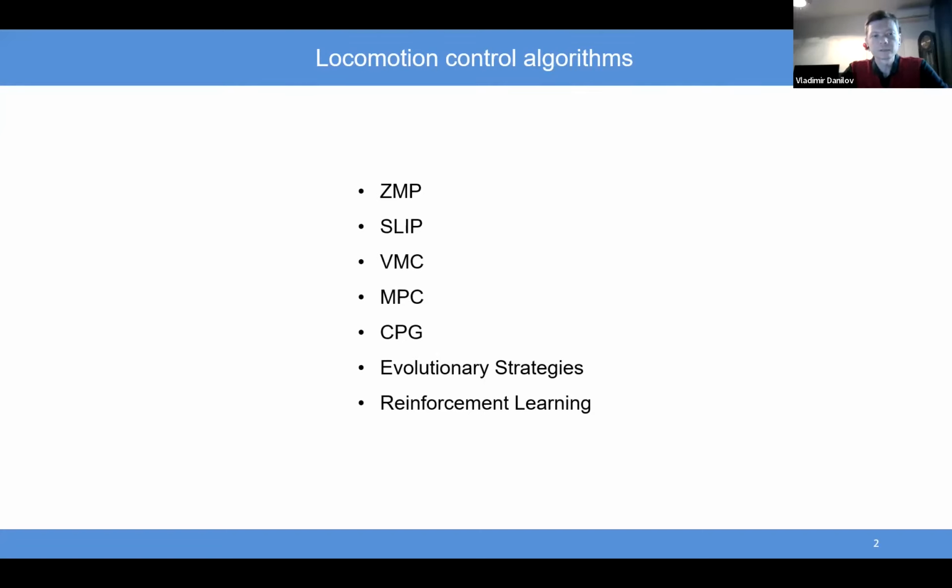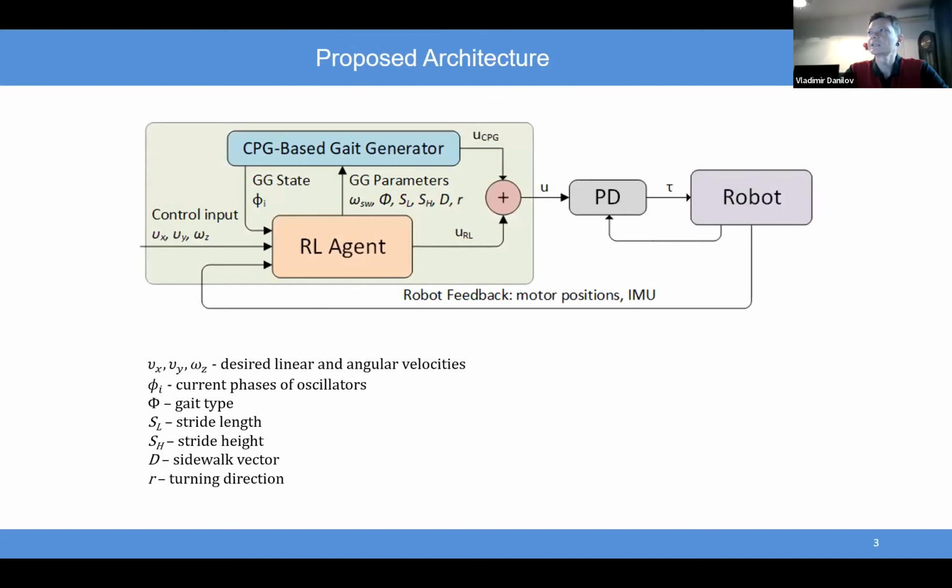But sometimes they can avoid disadvantages of model-based algorithms. In order to decrease sensitivity to hyperparameters and decrease training time, I decided to use PMTG architecture for my robot controller.